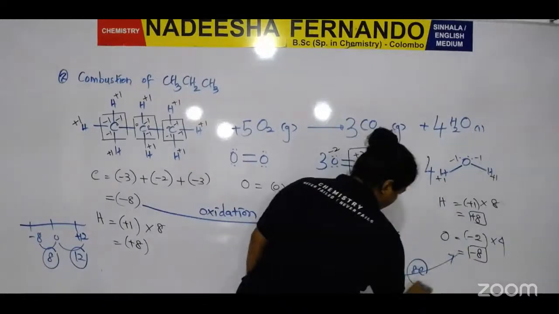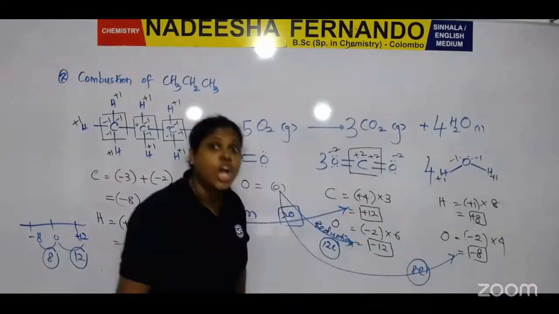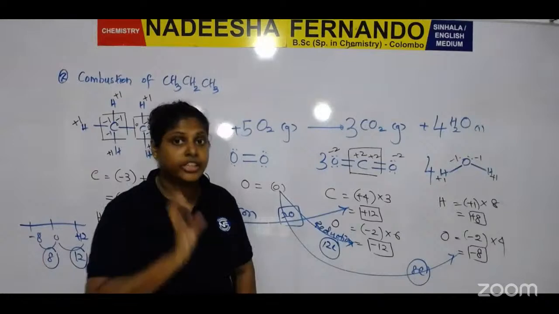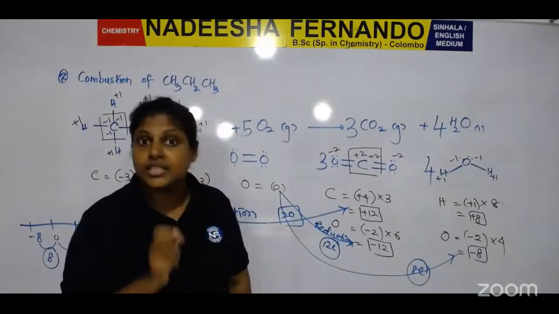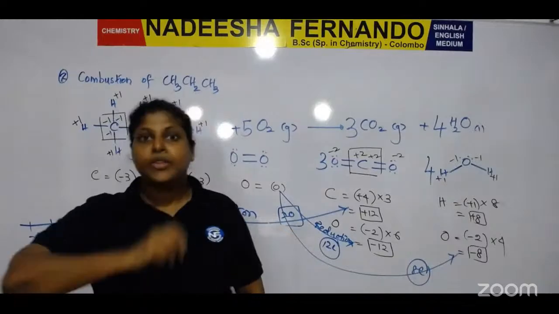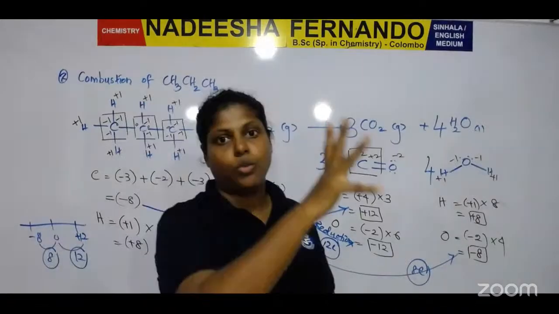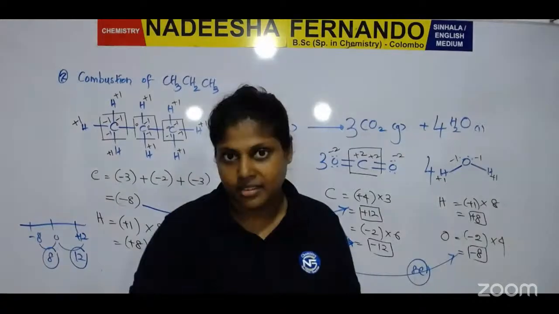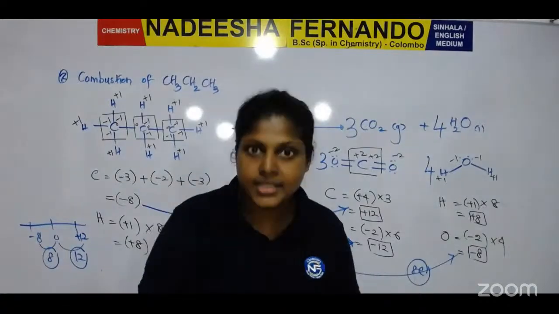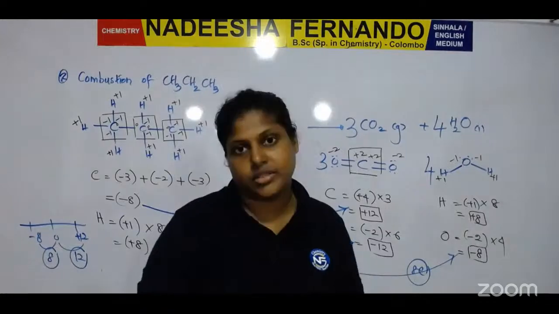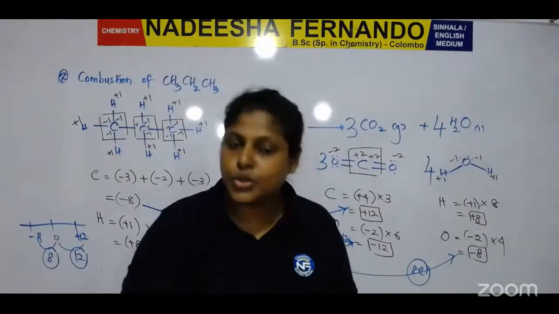So the total number of electrons removed by carbon is 20, and the total number of electrons taken by oxygen when it forms carbon dioxide and water is 20. So carbon is oxidized, oxygen is reduced. So this is also a redox reaction, no doubt.